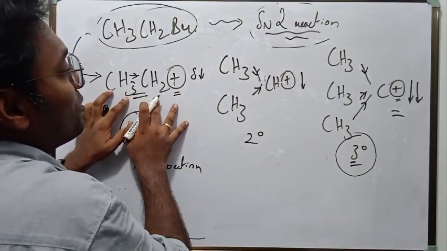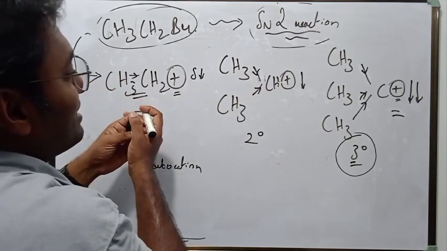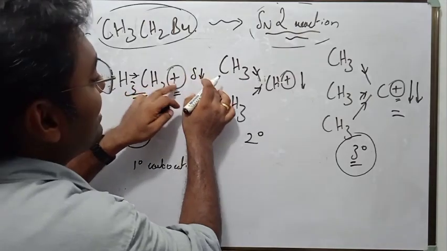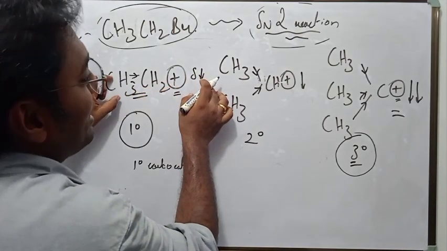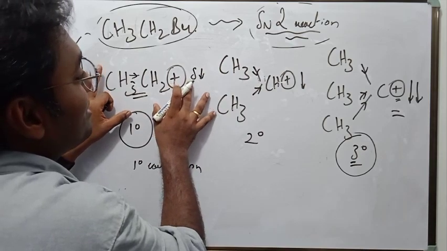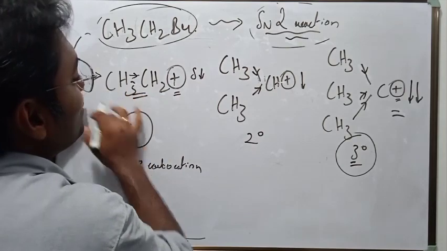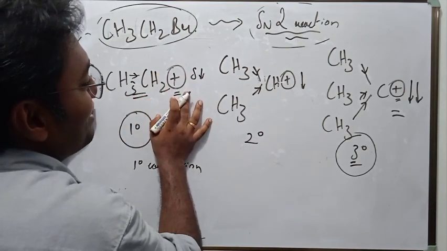Carbocation should not be formed, right? Collision should take place simultaneously. Like when Br was here, OH should attack from the backside, correct? So that is a condition of SN2 reaction. A carbocation should never get formed, otherwise OH will attack from the front side only.